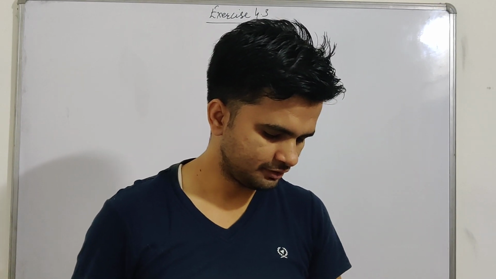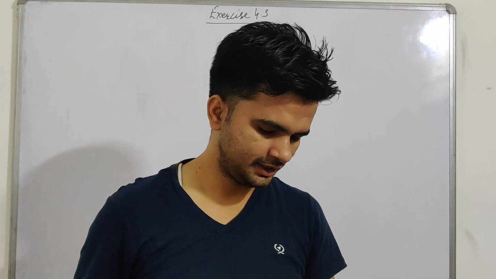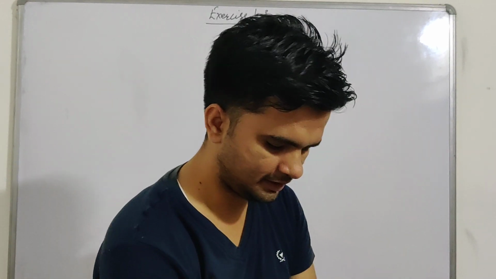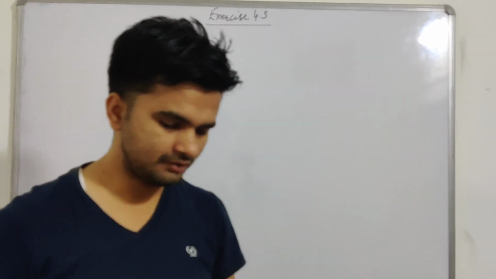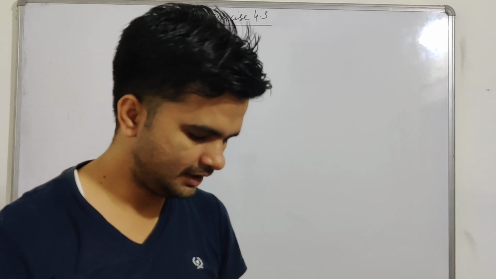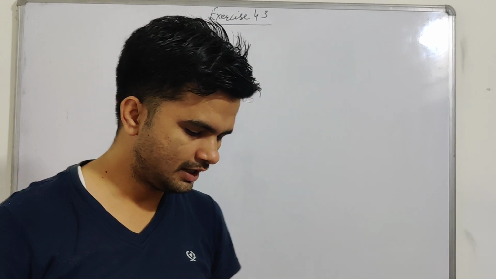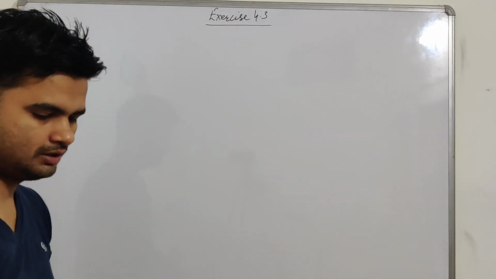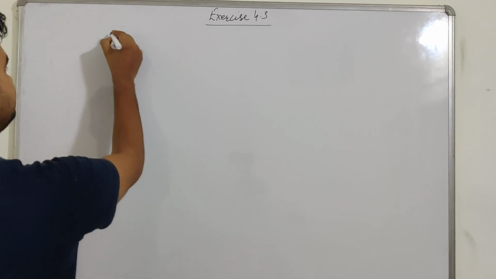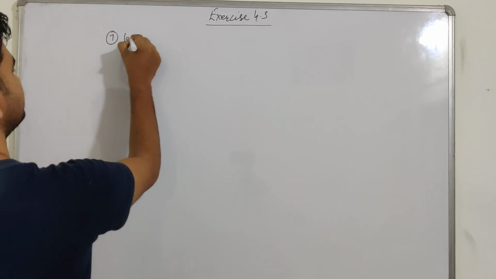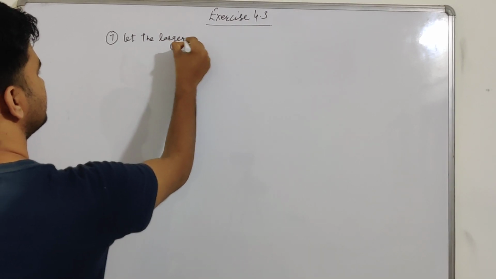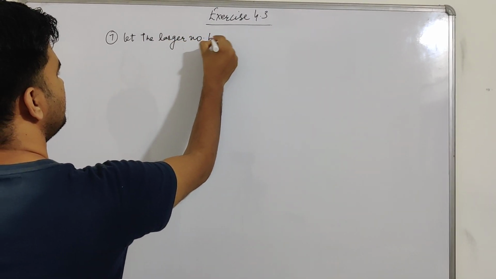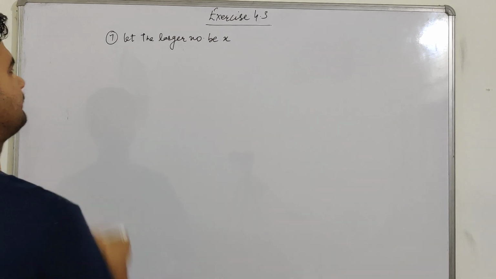Now come to question number 7 of exercise 4.3. The difference of squares of two numbers is 180. The square of the smaller number is 8 times the larger number. See this point, the square of the smaller number is 8 times the larger number. So we will assume, let the larger number be x.